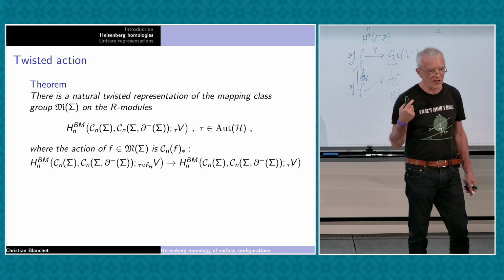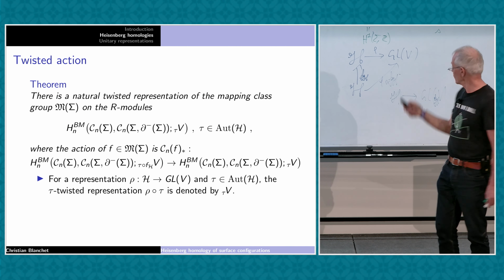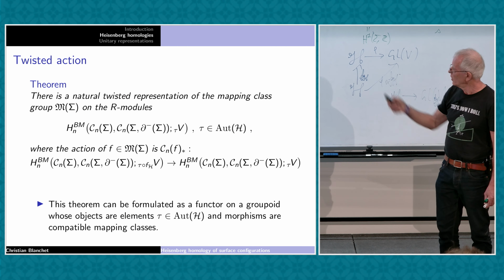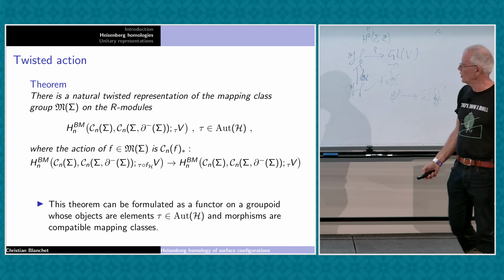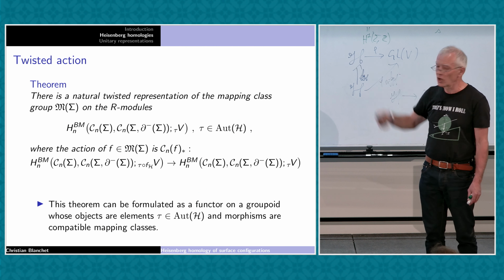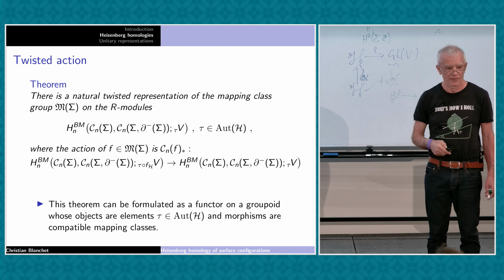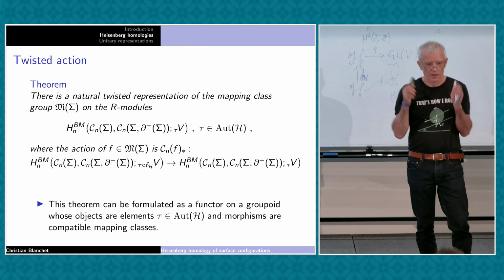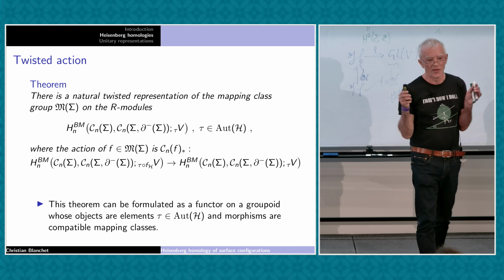V tau is the twisted one, as written here. And this theorem can be formulated as a functor on a groupoid whose objects are automorphisms of H, and morphisms are compatible mapping classes. Okay? So for the moment, we have a nice formulation of a twisted representation.